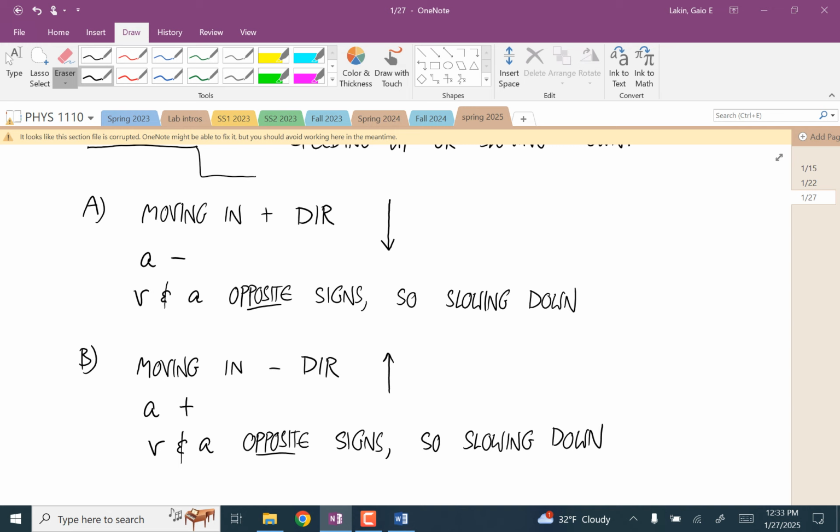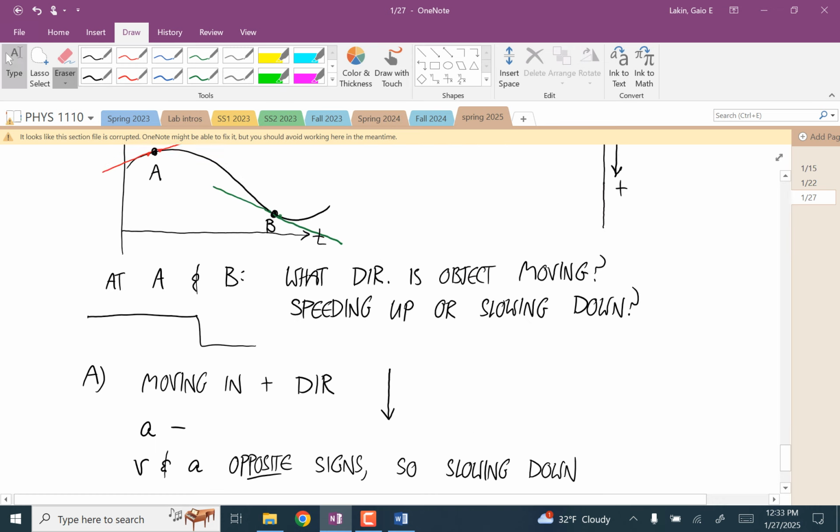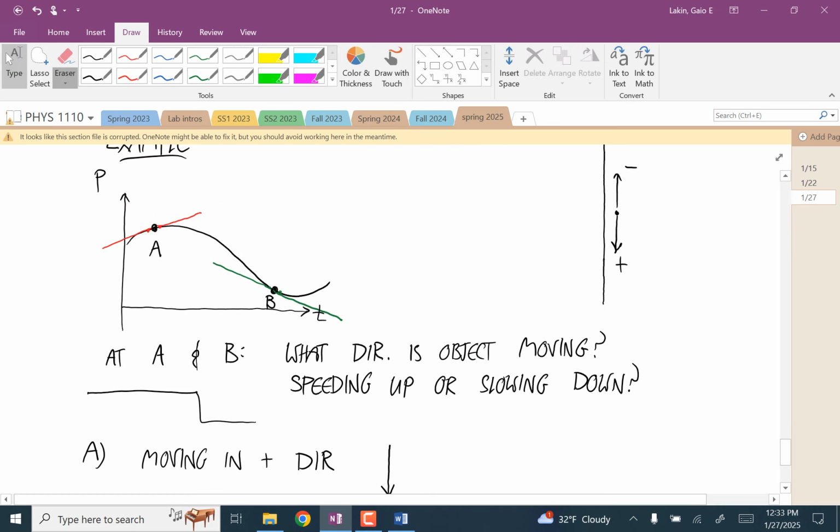Anybody have any questions? Yeah. So for the slope, as we determine the sign of the slope, that's determining in what direction in the real world it's moving. Like in terms of positive or negative. Right. Positive or negative just tells you whether it's moving positive or negative. And then if you have a picture of what positive and negative are in the real world, it tells you physically what direction it's moving. That's right.